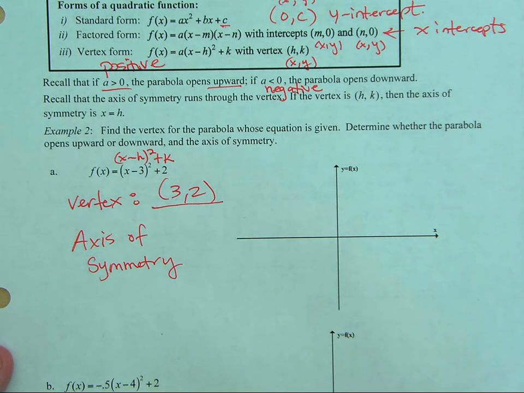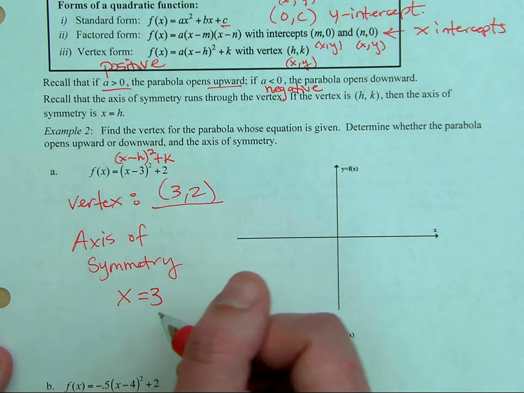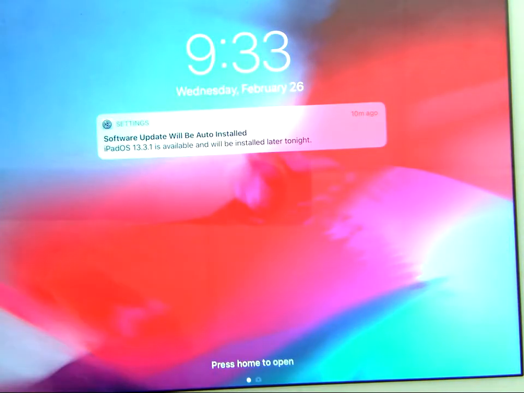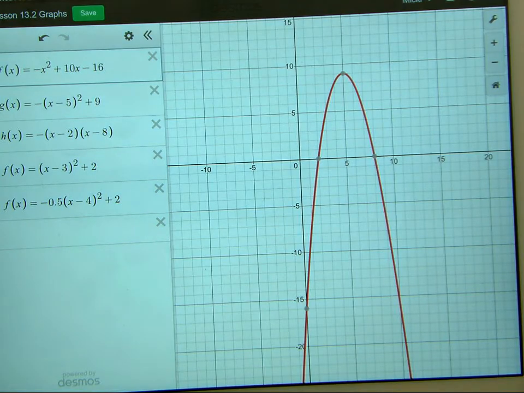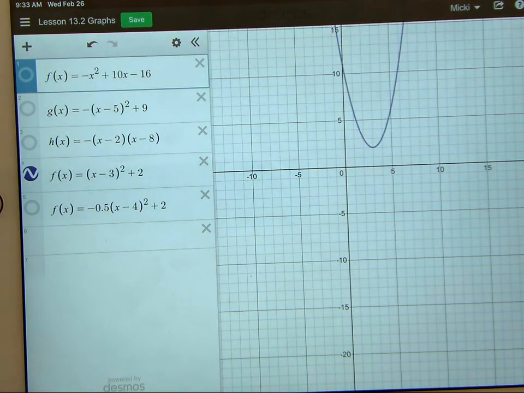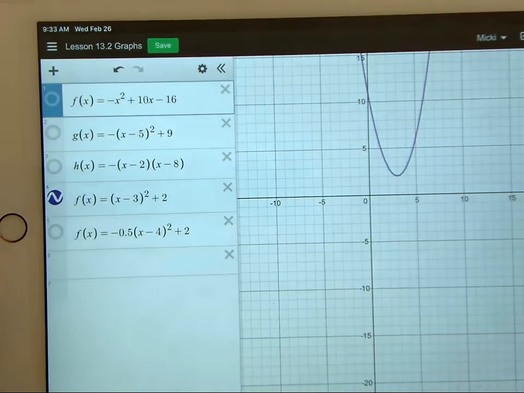It's going to be x equals 3, okay? And I already did take the time to graph this on my device. So let me go back here, and I'm going to get rid of these first three and check it out. I think, oh, did I put the right one in? Is that the one? (3, 2)? Yes, good. Okay.